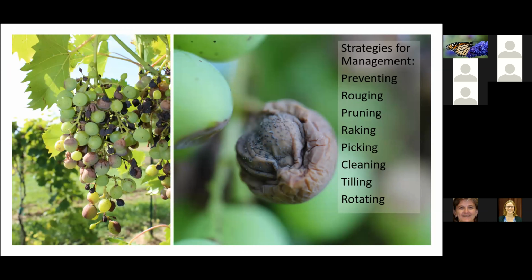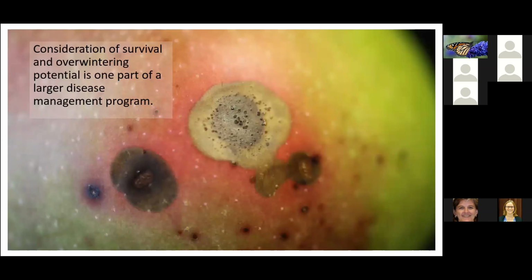Sometimes tilling, if it's leaf debris, and rotating through species or cultivars that are not so susceptible to break that cycle. But know that there is overwintering potential in most of our plant pathogens, particularly in the fruit world, and we have to consider that as we consider our risk for next year.